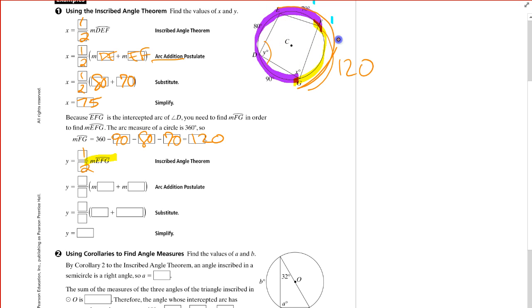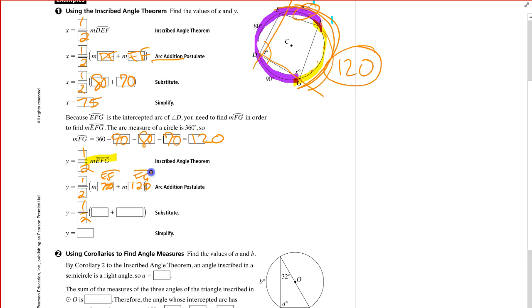So now, I know that this arc is 120, and y would be half of the arc that it's intercepting. So y is this angle, and I'm caring about this arc, then I've got 70 plus 120 to deal with. So that means half of, actually here you could have written arc EF plus the measure of arc FG.